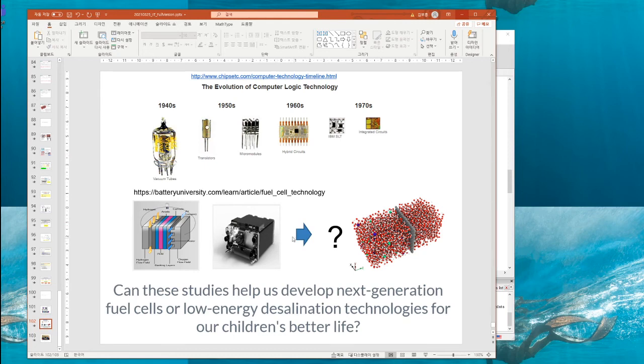Because we haven't really solved the problems with the fluid flow, like the wetting and surface tension that make these systems and flow not work if we make them nanoscale. So using MD, if we can solve this problem and find a way to drive the mass through these nanoscale channels, one day all these energy systems will be as small as a computer memory, and I think that will change our lives a lot.